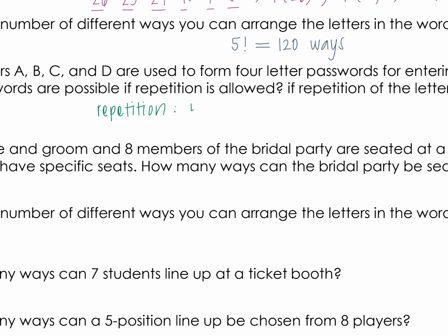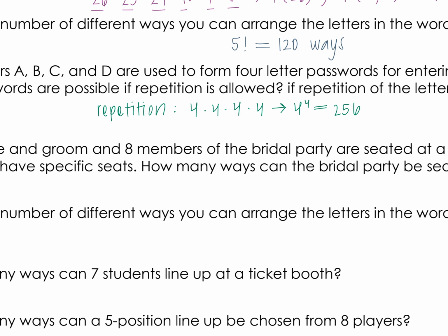Okay, I would have 4 times 4 times 4 times 4, which, once again, if you wanted to, you could do 4 to the power of 4, is going to be equal to 256.